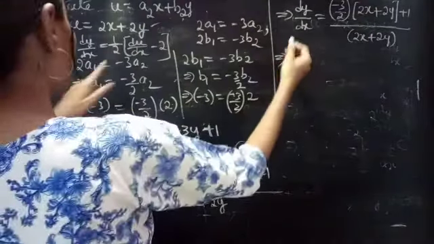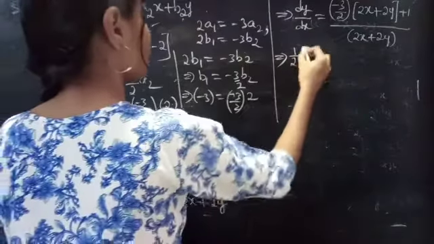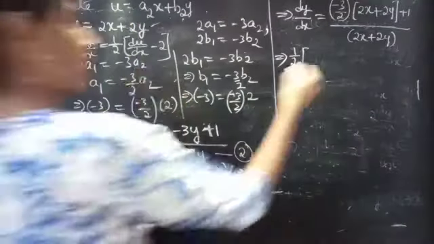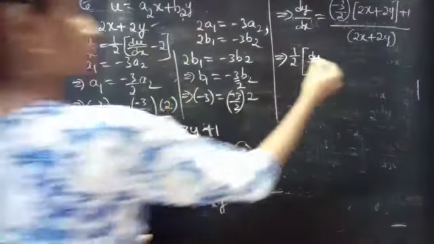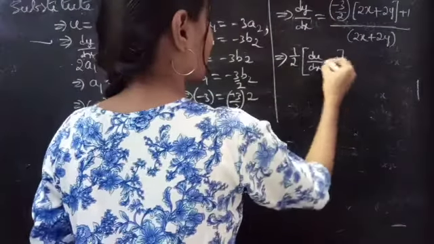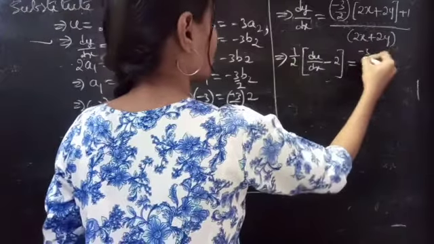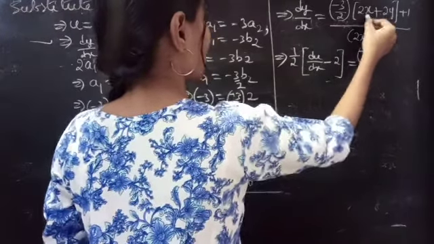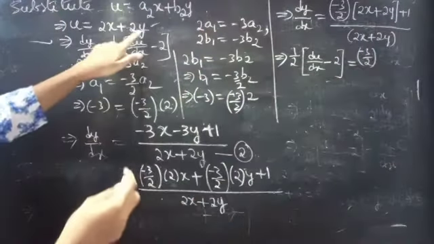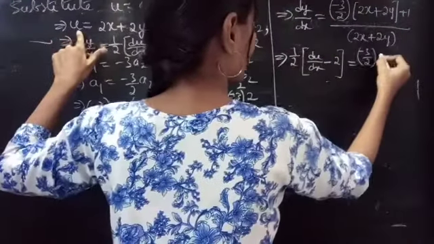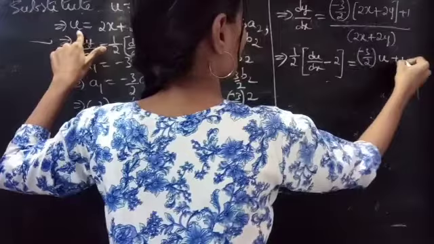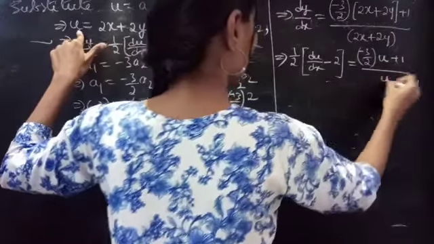Then this becomes 1 by 2 into du by dx minus 2 equals minus 3 by 2 into, we have 2x plus 2y equals u, so replace this by u, plus 1 by u.